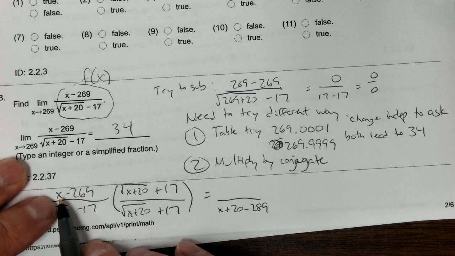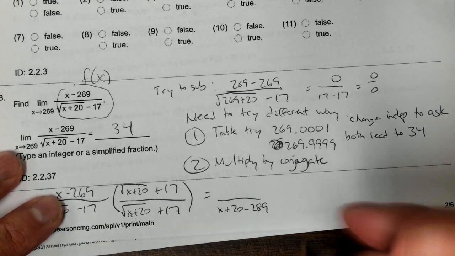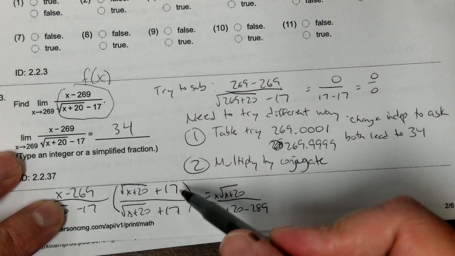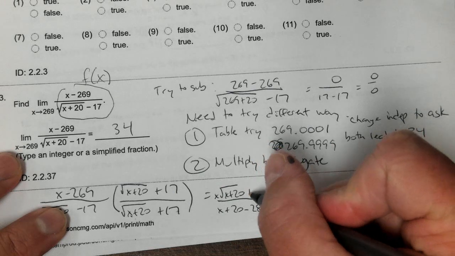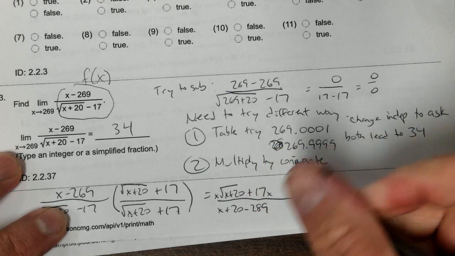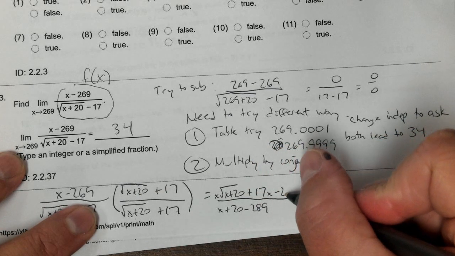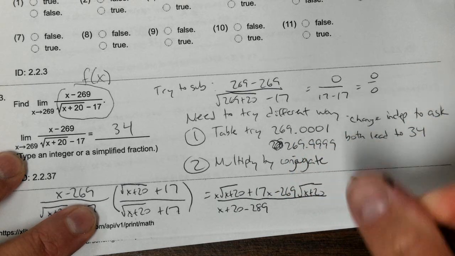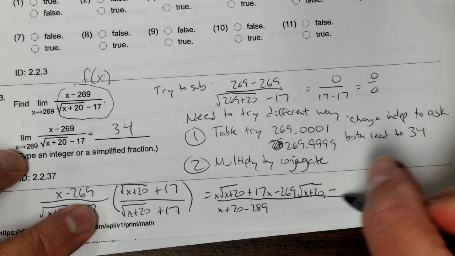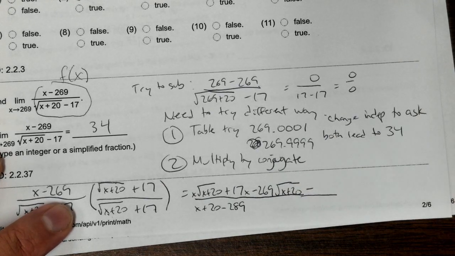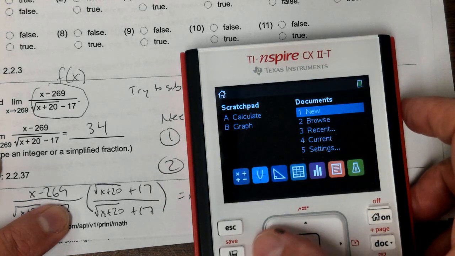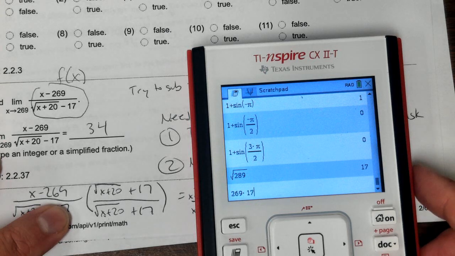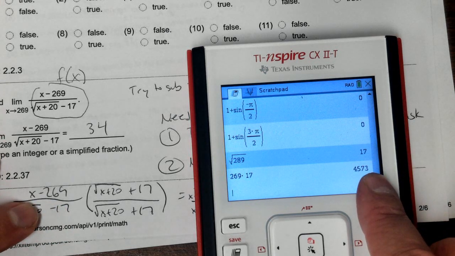And then from here, when you do FOIL on top, first times first, this would be x square root of x plus 20, then plus 17x, minus 269 square root of x plus 20, and then minus some really big number, 269 times 17, 4573.